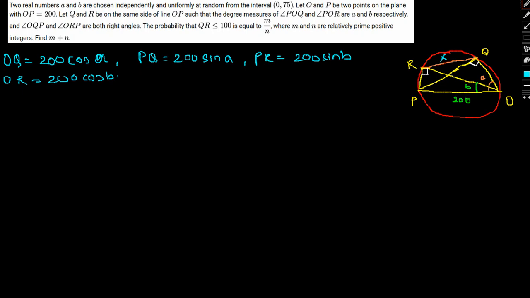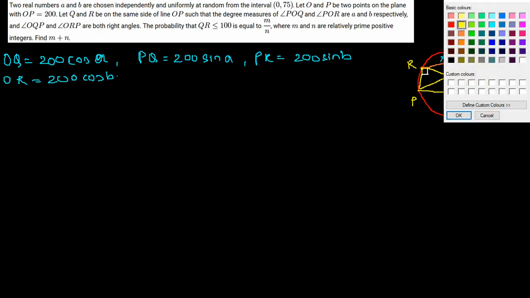Now let's observe the quadrilateral QORP, the quadrilateral that we have drawn in the figure. If we observe this, we see that it is cyclic. Since it is cyclic, we can apply Ptolemy's theorem in this quadrilateral. So what is Ptolemy?